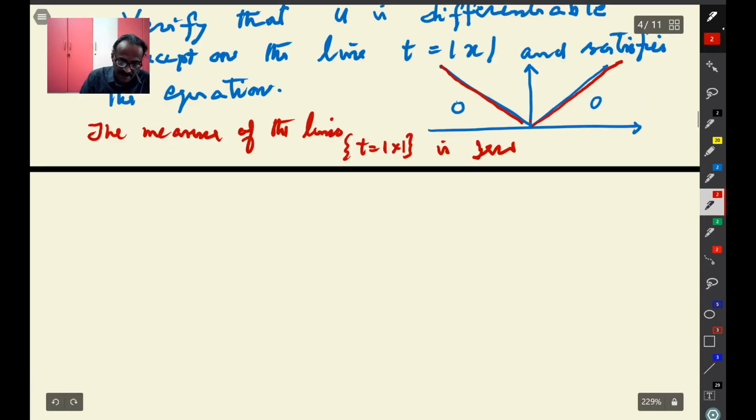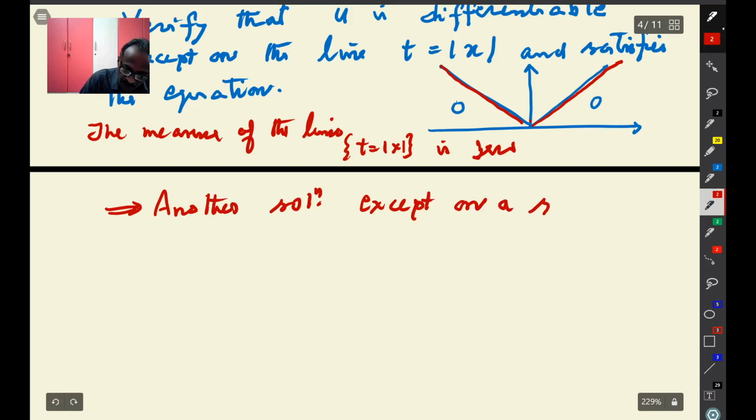That means that you get another solution, except on a set of measure 0.